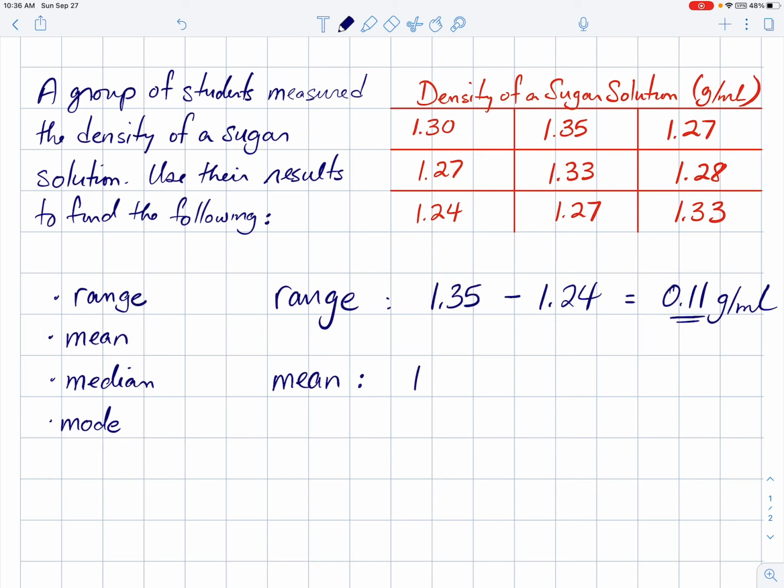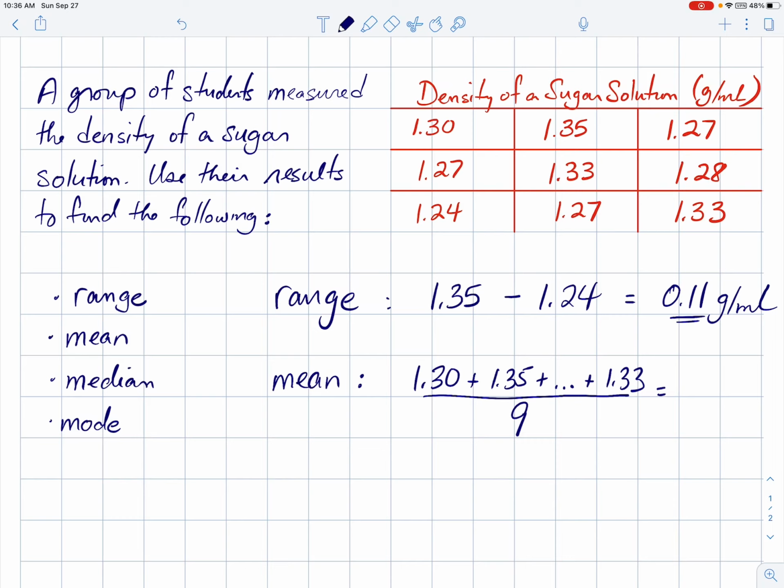I'm not going to show my work for this, I'm going to just do this. 1.30 plus 1.35 plus, I'll also put dot, dot, dot, meaning I'm going to continue, and I'll put the last one plus 1.33. So that's showing that I'm adding up all 9 values from the table, and we divide by 9, the number of numbers in the table.